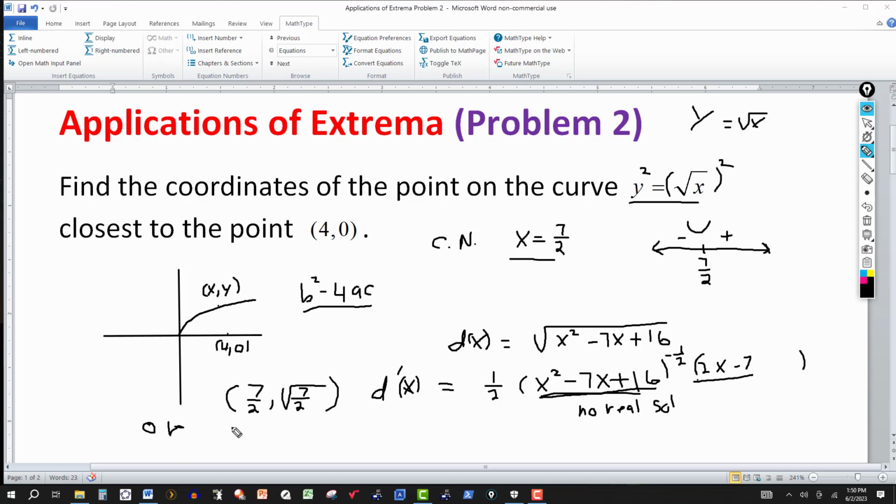Or if you want to rationalize this, simplify the y coordinate, multiplying by 2 and 2 here will give me the square root of 14 over 2. So that's your solution for this one. The coordinates of the point closest to the point (4, 0), where the point is on this particular curve, is (7/2, square root of 14 over 2).